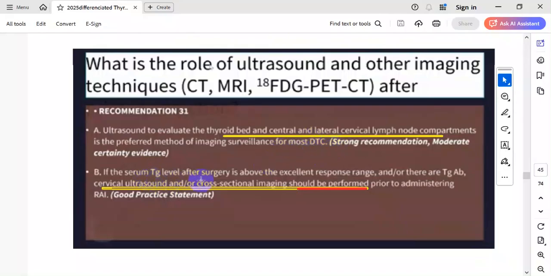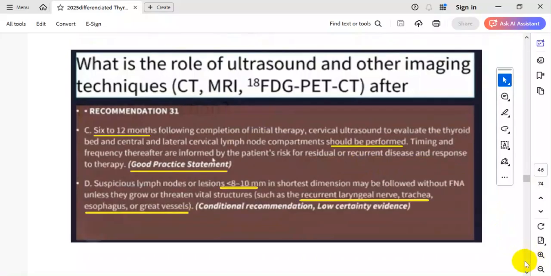If the serum thyroglobulin level after surgery is above the excellent response range, and the thyroglobulin antibodies are elevated, cervical ultrasound and cross-sectional imaging should be performed prior to administering radioiodine therapy.